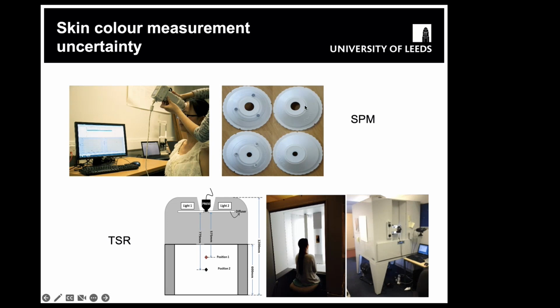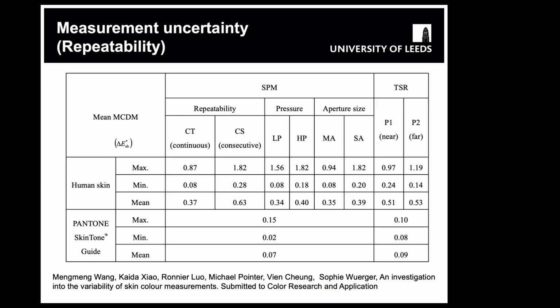You can even use different pressure when you do the skin color measurement. And for the telespectral radiometer, if you use a different distance, that also indicates a different measurement size for your skin color. As we mentioned, because skin color is non-uniform, size really matters, right? If it's completely uniform, whether it's a small size or a large size shouldn't give you different results, okay? And what we're trying to do is measure the repeatability.